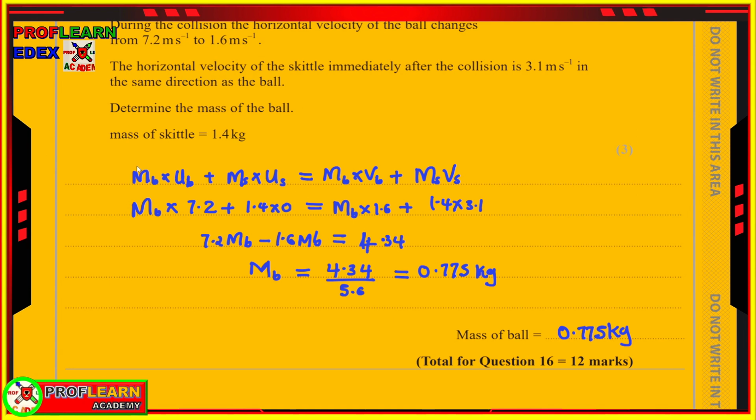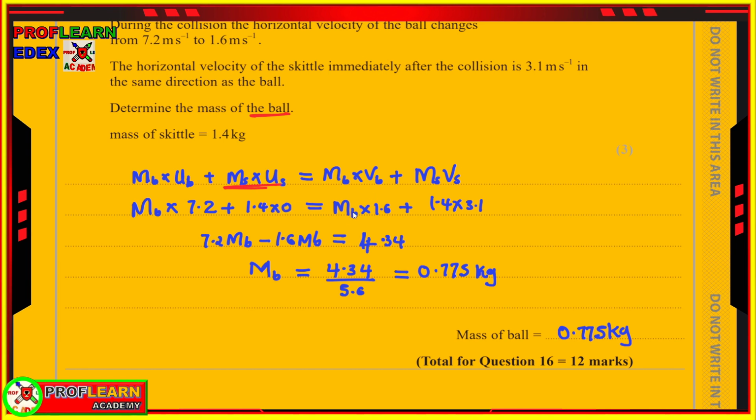Now, for us to determine the mass of the ball, we can let it have a mass b, and the initial velocity of the ball was given as 7.2. But the mass of the mosquito was 1.4, and the initial velocity of the mosquito was 0 because initially it was at rest.